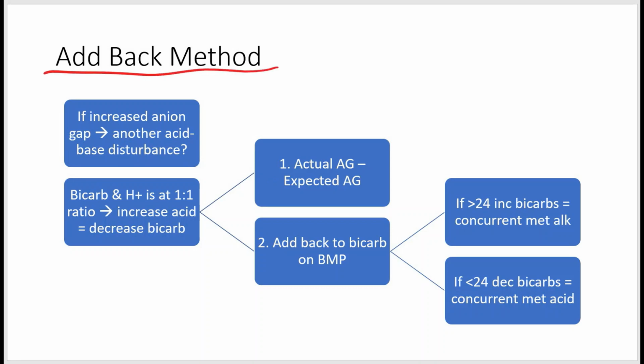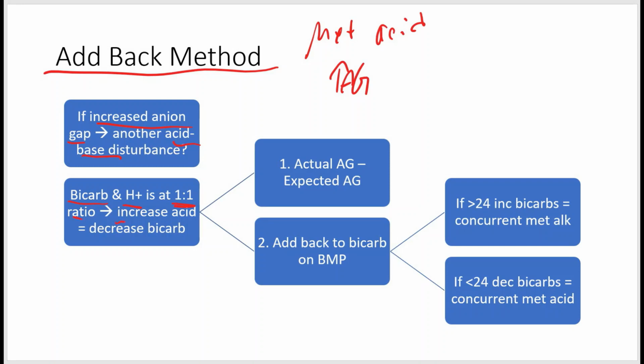Next, I will talk about the add-back method. This is for metabolic acidosis with an increase in anion gap. If there's an increase in anion gap, we want to assess if there's another acid-base disturbance present. Remember, in our body, bicarb and H+ ions are at a 1-to-1 ratio because your body always wants to be in equilibrium.